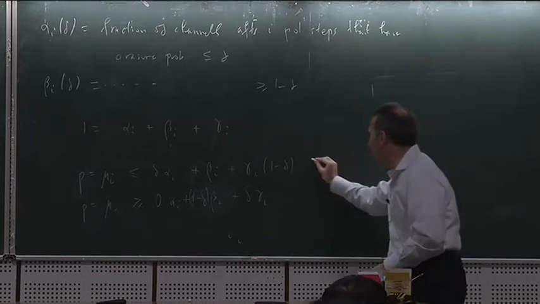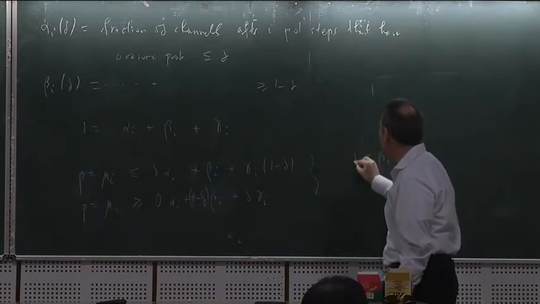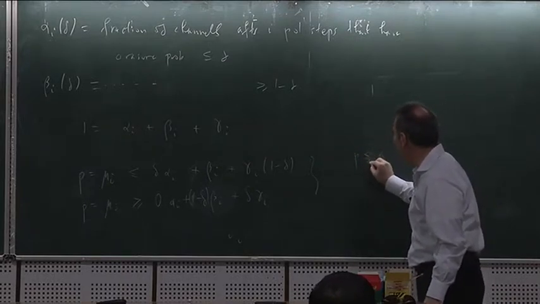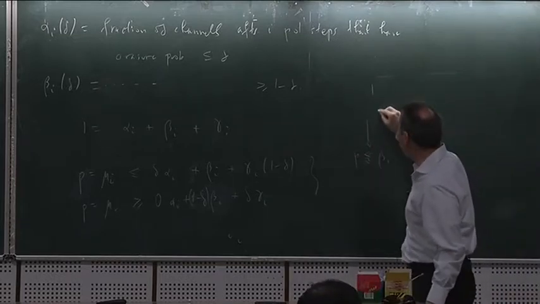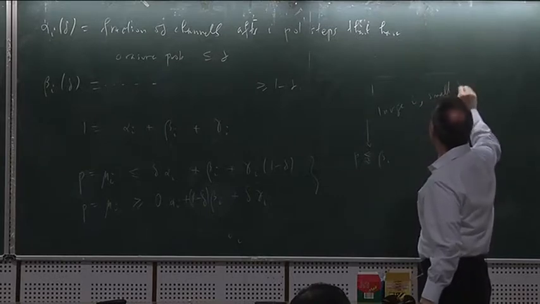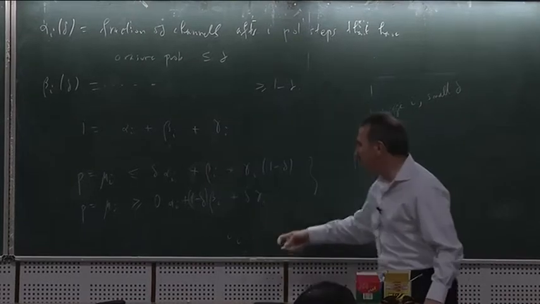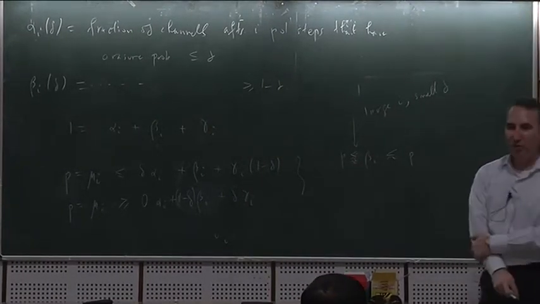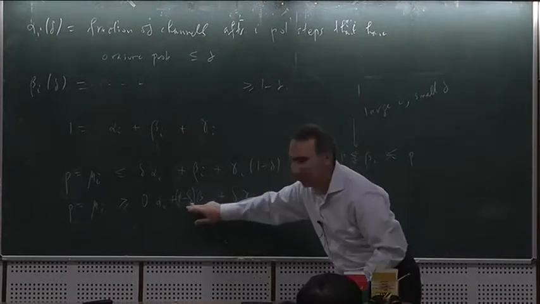So from these things, beta is essentially p, for I large and delta small. Large I, small delta. This is coming from here, and from there you also get the same inequality from the top. If delta is small, this is essentially 1.